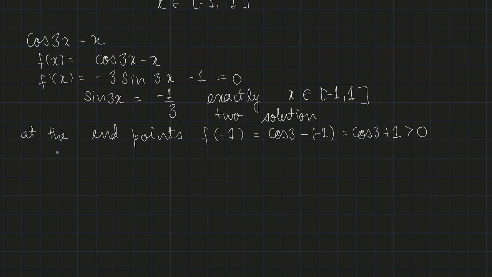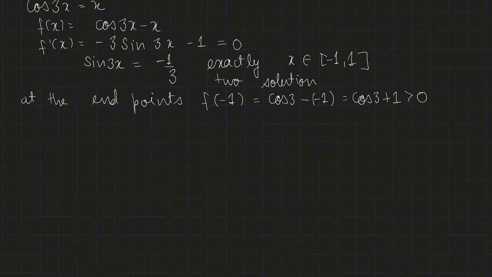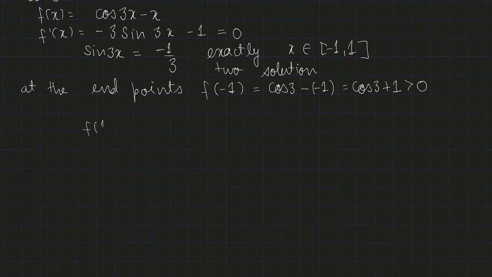And what is my f of 1? F of 1 is cos of 3 minus 1, and this is less than 0. So we see that the function is starting positive and ending negative, so there is definitely one solution here.